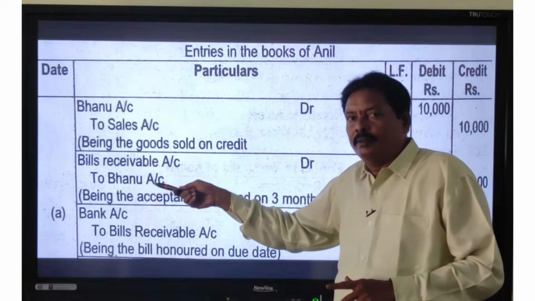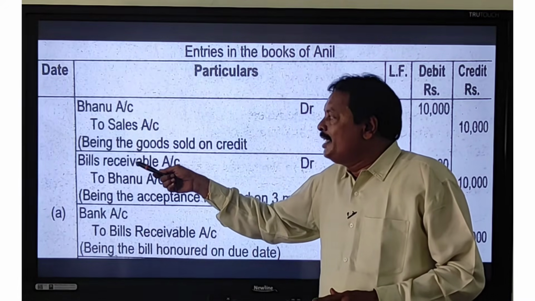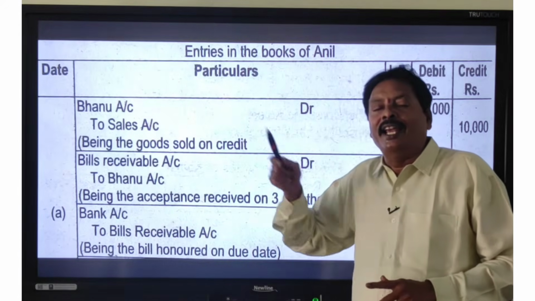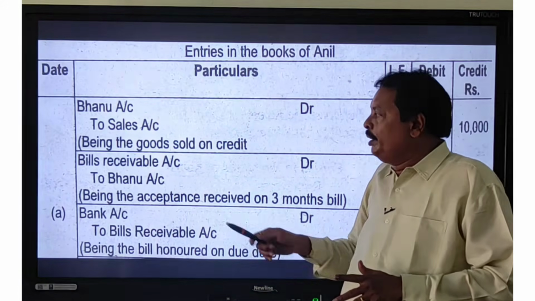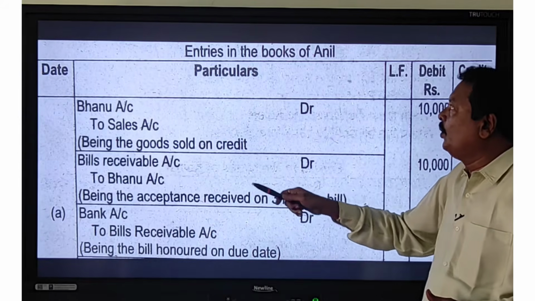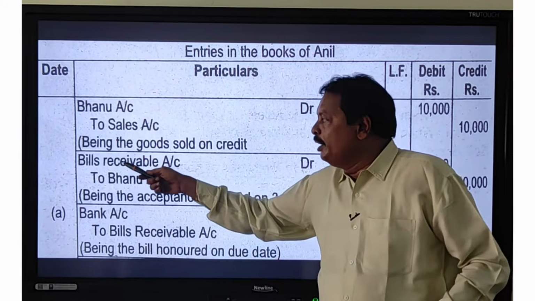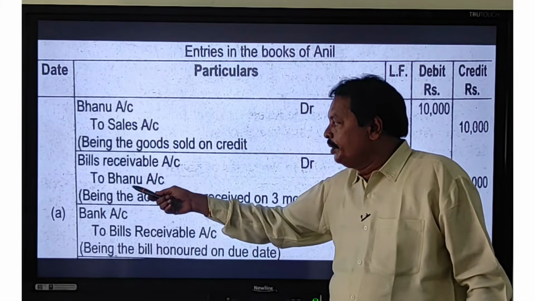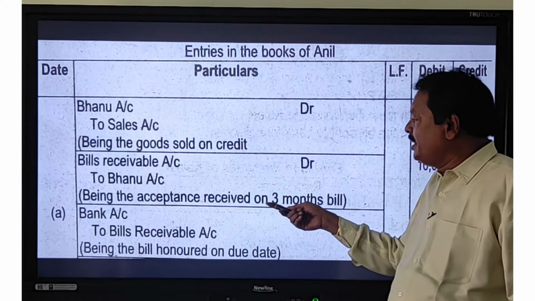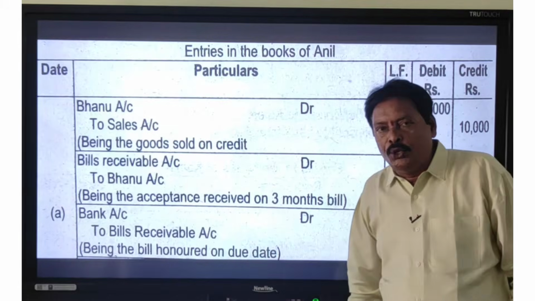Banu gives this bill. So we have to credit Banu. Bills receivable is a real account, debit what comes in. So Anil must debit the bills receivable account debtor to Banu account, being the acceptance received on 3 months bill, 10,000.